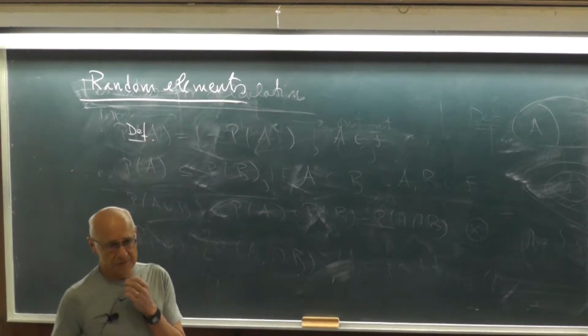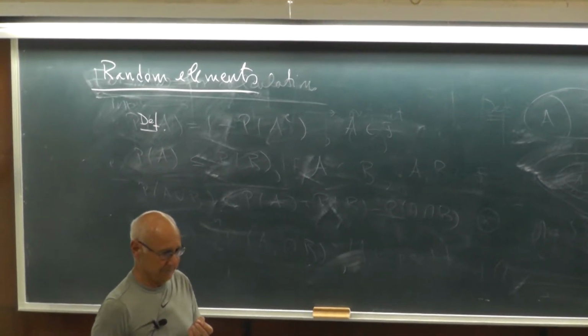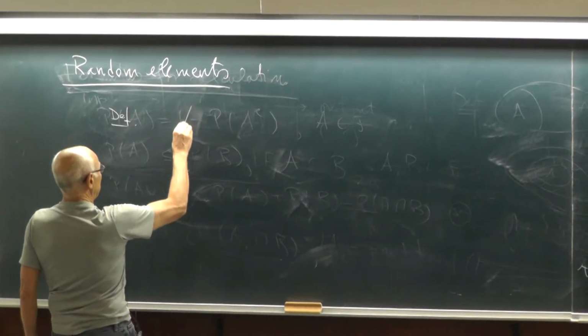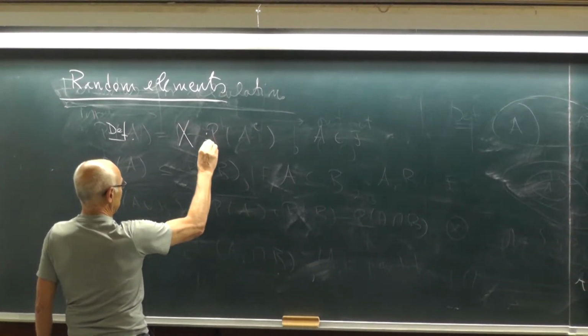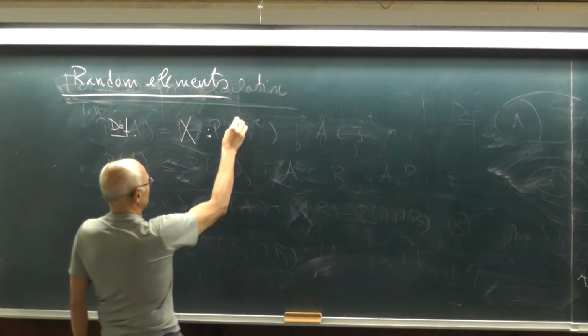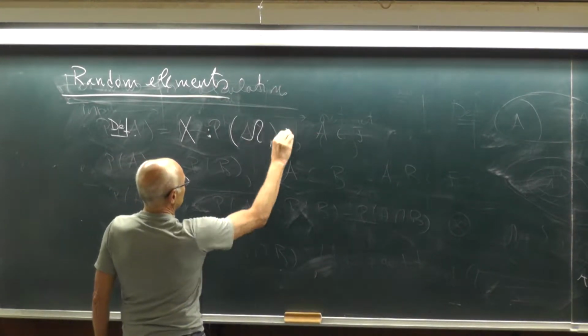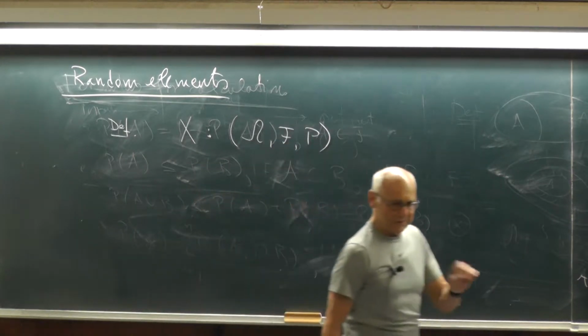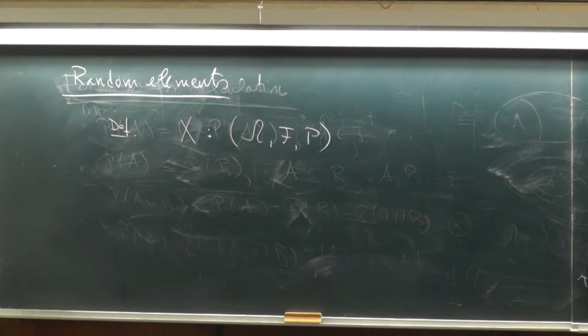So let me define first what a measurable function is. Consider a certain function X from a probability space, for which we have the notation, and I think you've seen it enough to remember: sample space, sigma field, probability measure.